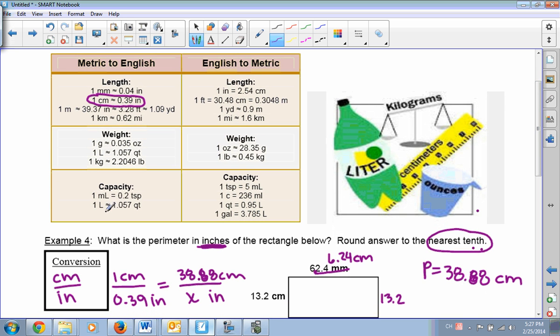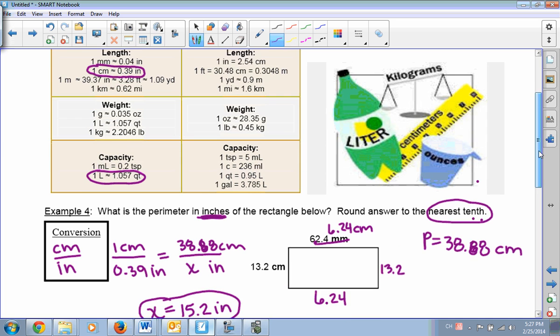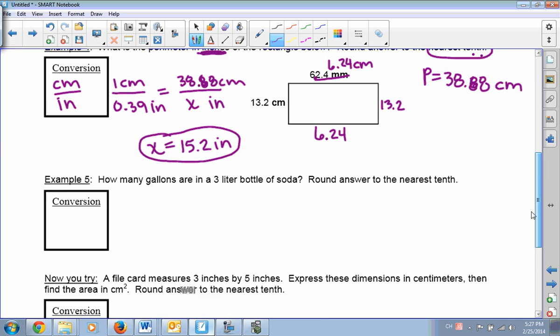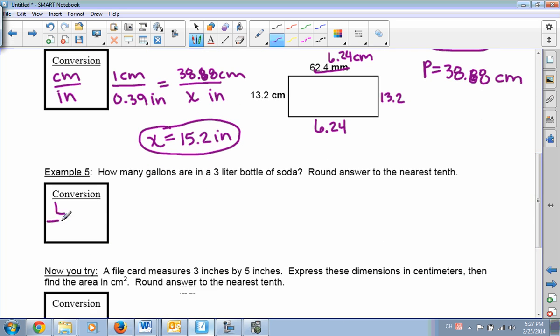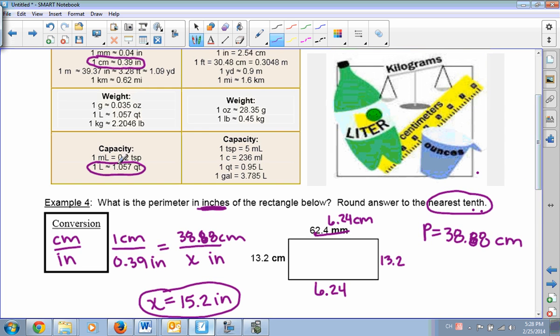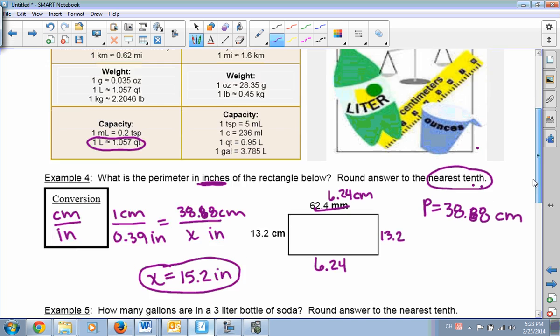Oh, that's weight. We have to use this right here. It's the same. So we're going from liters to quarts and then from quarts to gallons. So we have 3 liters. Let's see. For 1 liter, it's 1.057 quarts.